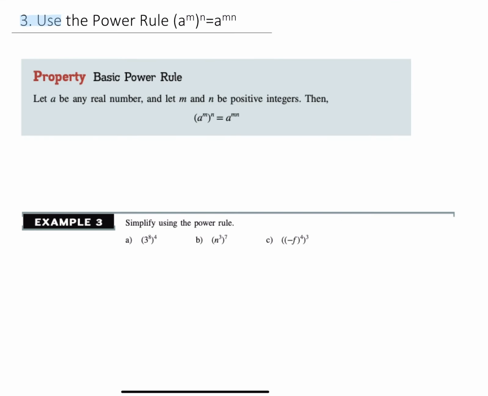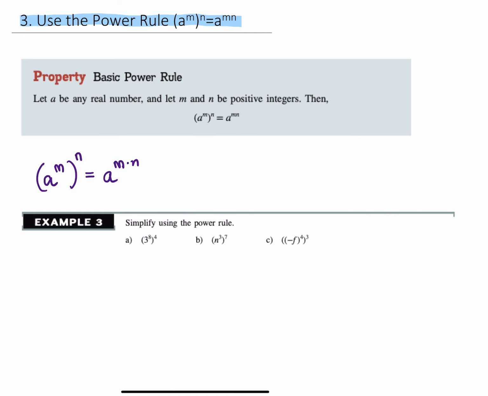We can also raise a power to another power. So that's what they're calling the power rule here. This is the power rule for exponents. So what they're saying is if you have some base to some power m raised to another power n, this results in the multiplication of these two powers, m times n.